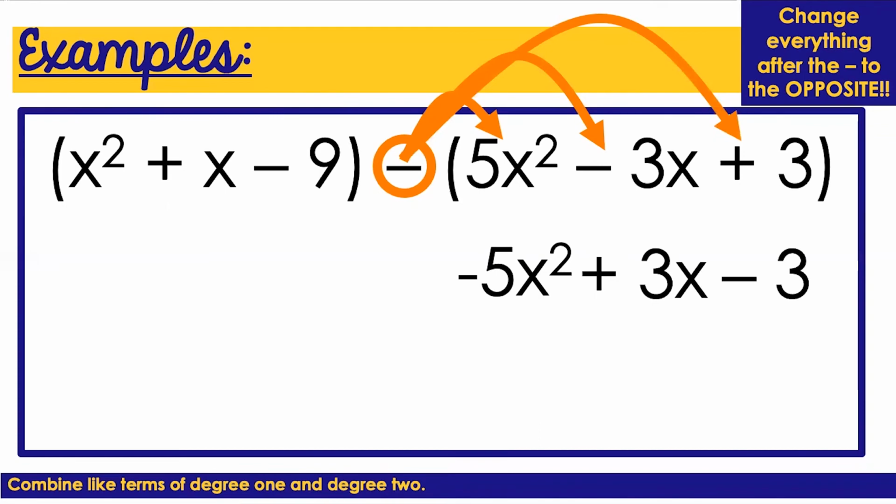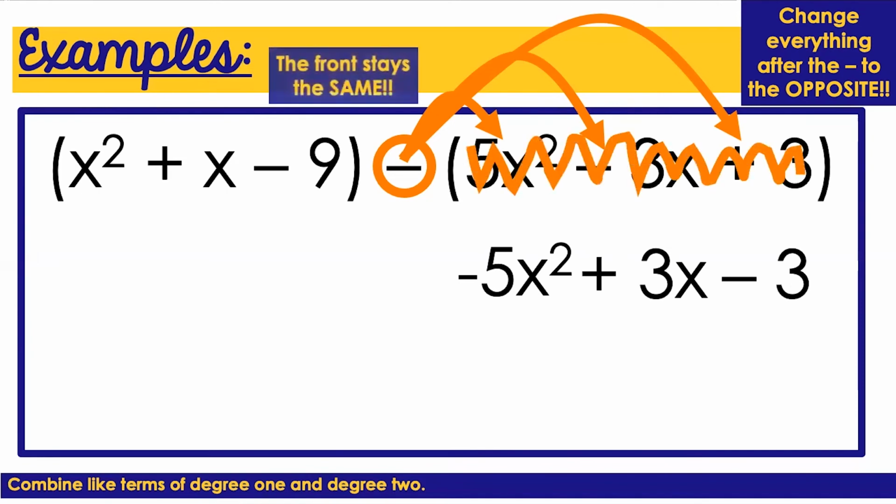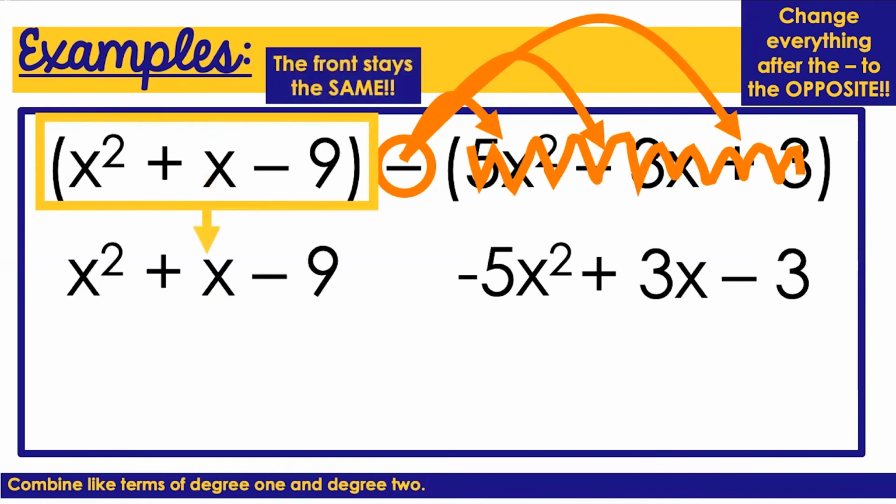Everything after the negative changes to the opposite. If it's positive, it goes to negative. If it's negative, it goes to positive. Simple as that. Cross it out, that's gone. Now the front stays the same. There was nothing in front of that parentheses to change anything going on right there. So we simply bring it down, unchanged, x squared plus x minus 9.